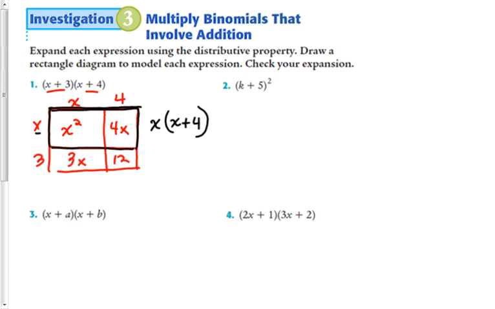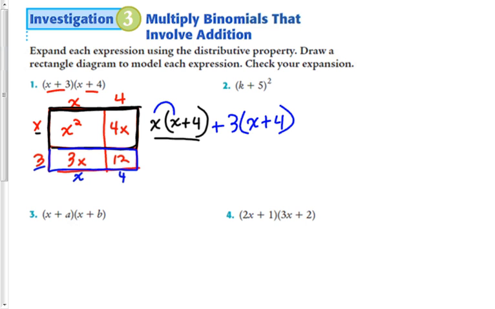So this rectangle right here can be represented by this expression. Now the other rectangle there, I'll highlight that in blue, this rectangle, can be represented by the expression 3 times the quantity. Remember, this is x and this is 4, so 3 times the quantity x plus 4. Then I need to add those two rectangles together.